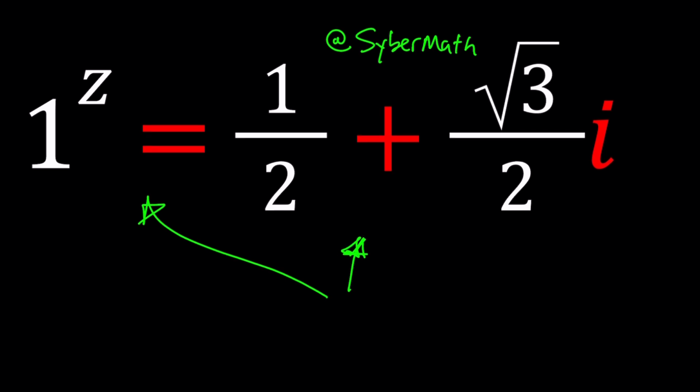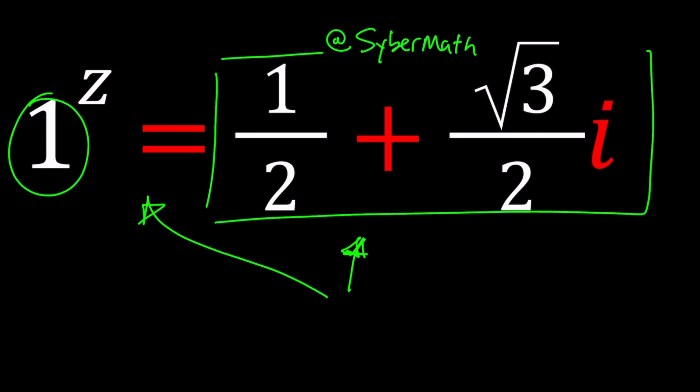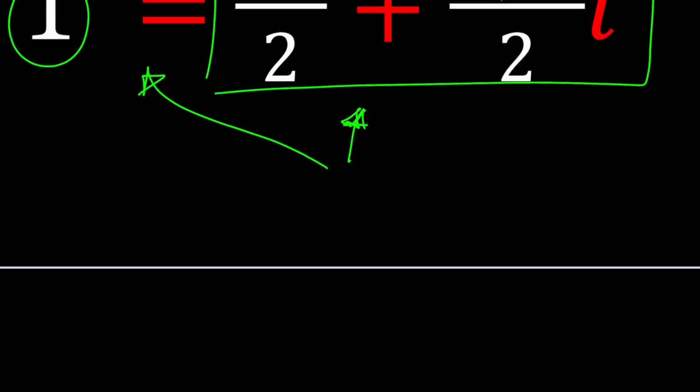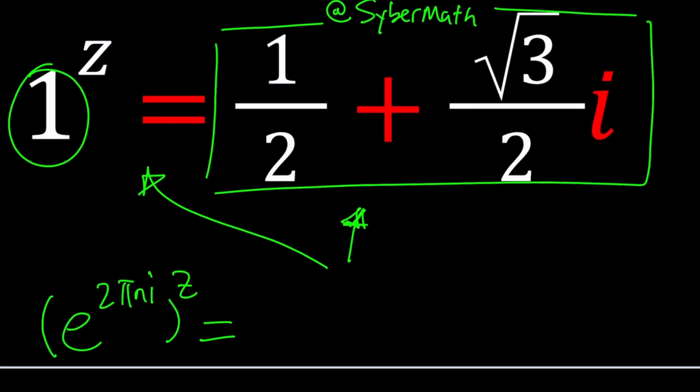So to be able to solve this, I'm going to turn these into polar forms. Now the left-hand side 1 can be written as a complex number as e to the power 2 pi n i, because on the unit circle, if you make multiples of 2 pi rotations, you're going to get to 1. Okay, it's a real number. So we're going to raise this to the power z, and then on the right-hand side, we have 1/2 plus root 3 over 2 i.